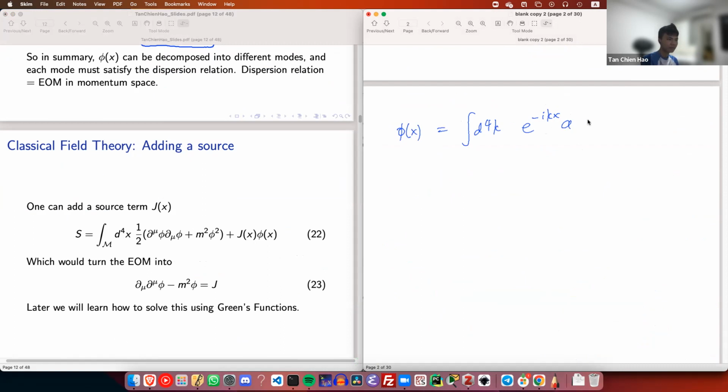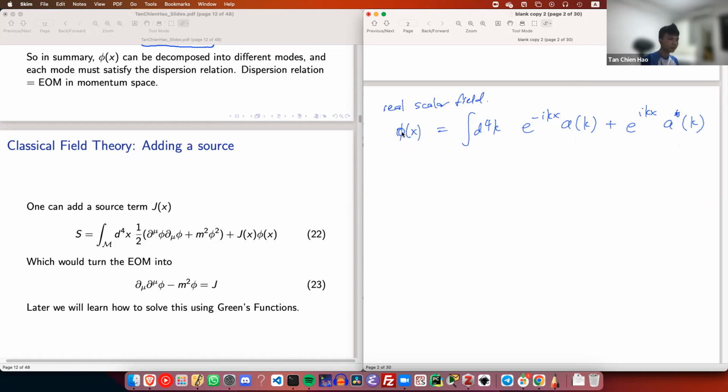Let me call the Fourier modes A_k, and then there's also the complex conjugate. If it's a real field, then this one must be the complex conjugate of this. But in general, if it's a complex field, then these two could be independent functions of k. I'll just let it be complex conjugated, so this is a real field. I'm talking about a real scalar field.